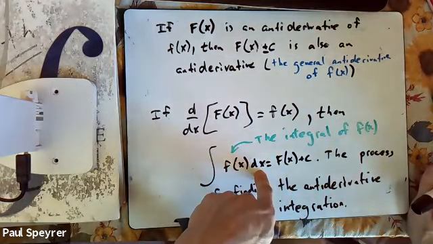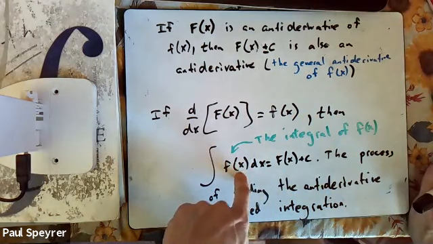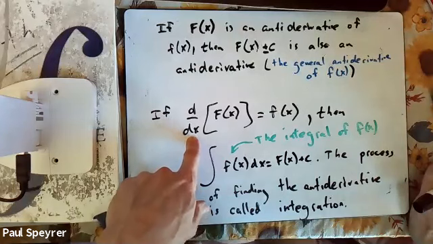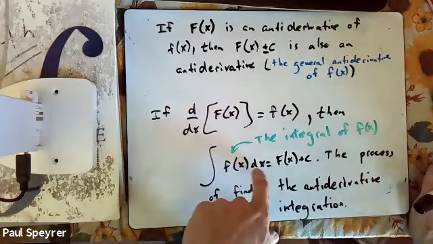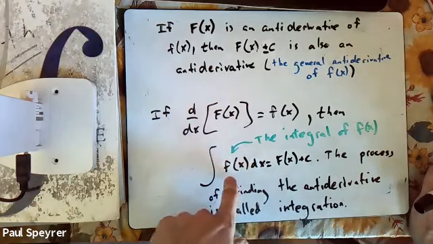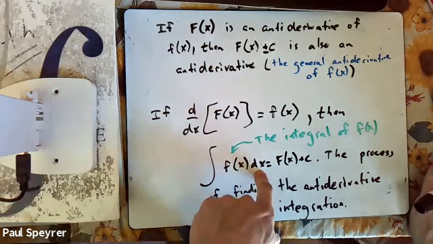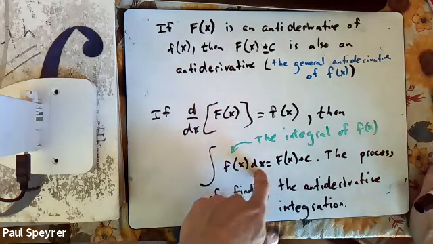So what does this dx mean? It means we're taking the antiderivative of this function with respect to x. Kind of like with derivatives, remember? If we have d dx, you're taking the derivative with respect to x. With the integral, it's the same concept. You will have some kind of function, and you're taking the antiderivative with respect to some variable. It could be dx, dy, dz, whatever.